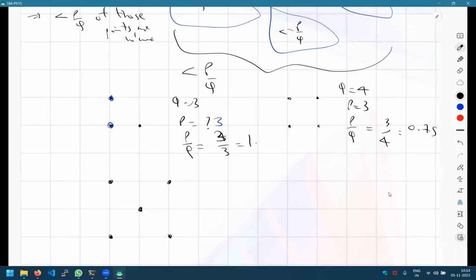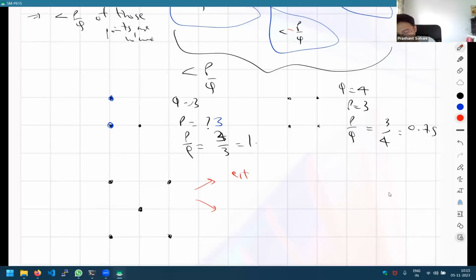Still 3? No, it would be 4. If you color 4 points, you will be guaranteed to find a right angle triangle, right? If you color 3 points, what will happen? One of the diagonals can be colored. So actually, this is a case where I have to consider 2 cases.